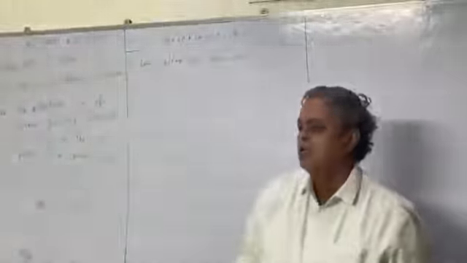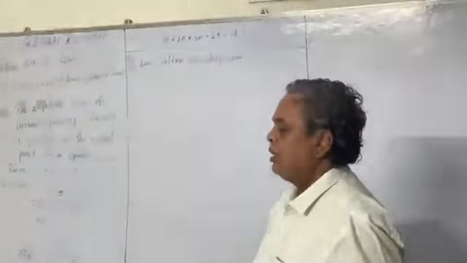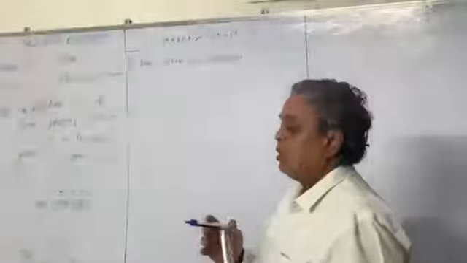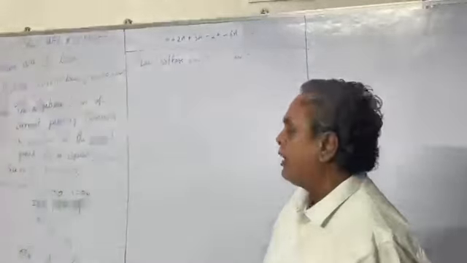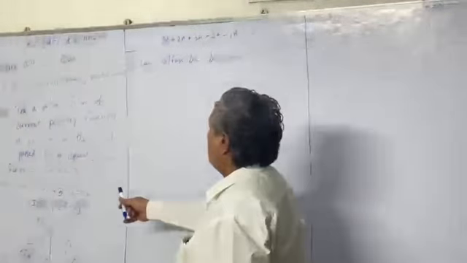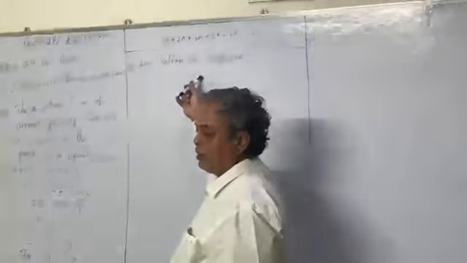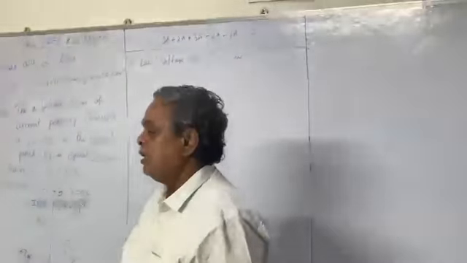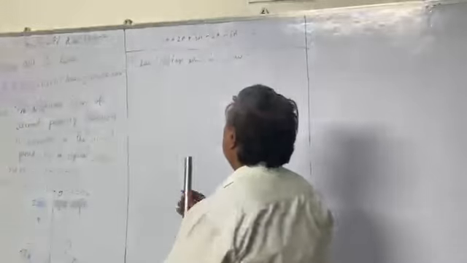The changes in voltage are equal in this. In current law, the current incoming is equal to outgoing, which is 0. Here the change in voltage is equal. What is that? Positive.